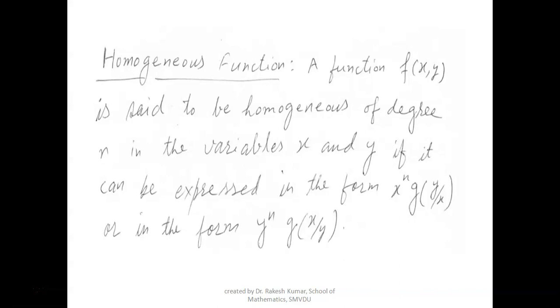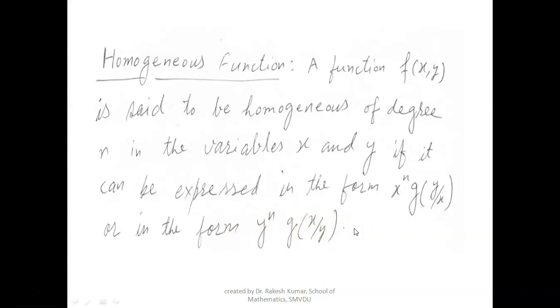A function f(x, y) is said to be homogeneous of degree n in the variables x and y if it can be expressed in the form x raised to power n g(y/x), or in the form y raised to power n g(x/y).